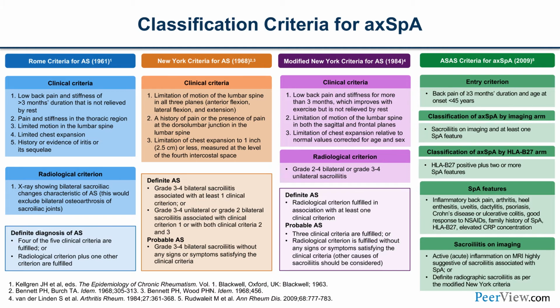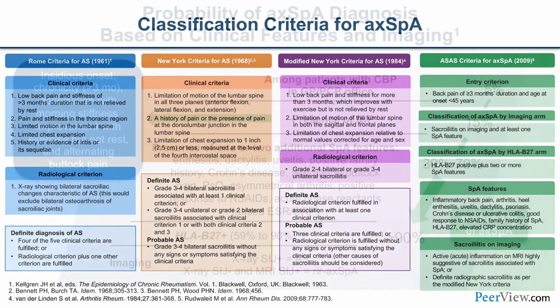And then by this time also included all the features of the peripheral spondyloarthritis that I talked about, psoriasis, uveitis, inflammatory bowel disease, and the like.